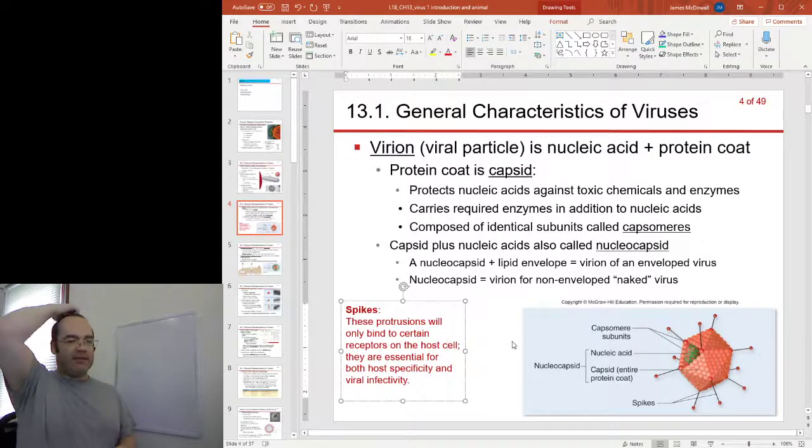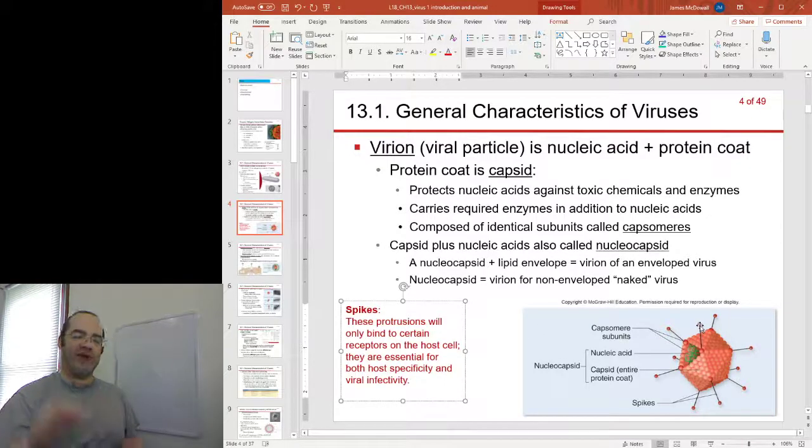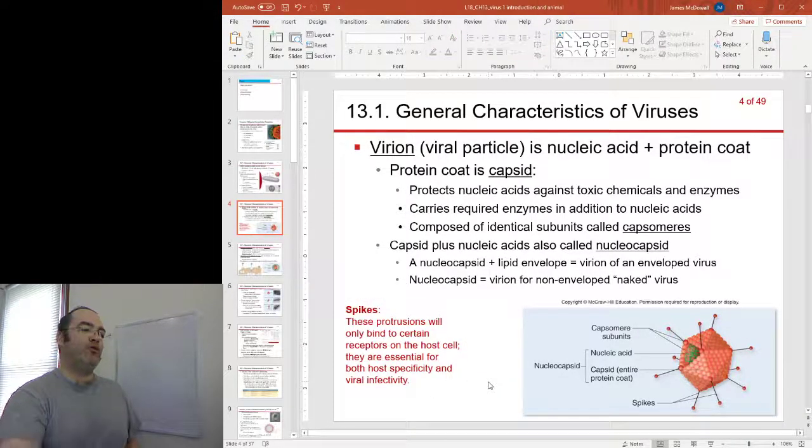Spikes, we'll look at spikes in more detail in a second, but spikes are how the virus recognizes and attaches to the cells. They are protrusions, again typically ending with proteins. These little red dots on the end here are proteins. Proteins because viruses work by shape matching.